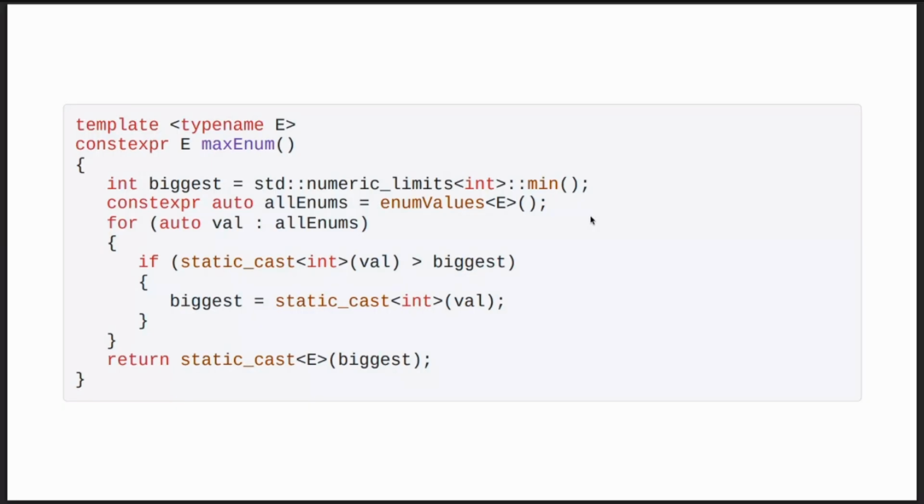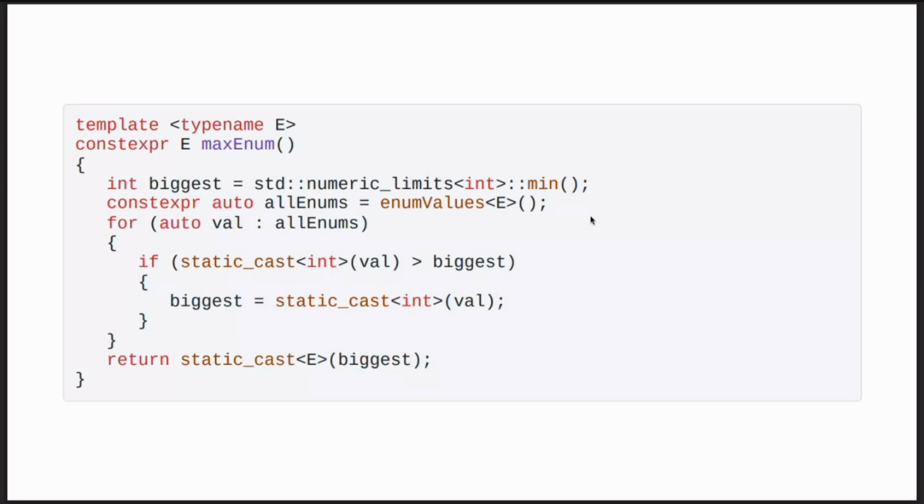Assume that we can get all of the enum values of a certain type. If we can do that, then we can do a relatively trivial implementation of looping through all of them, checking if they are bigger than our biggest enum.